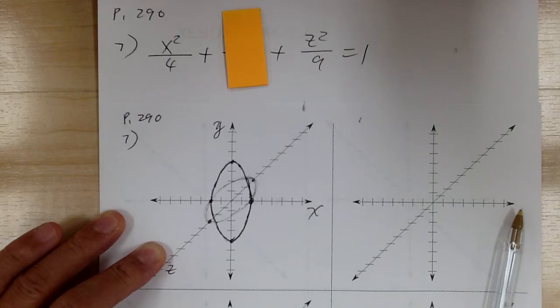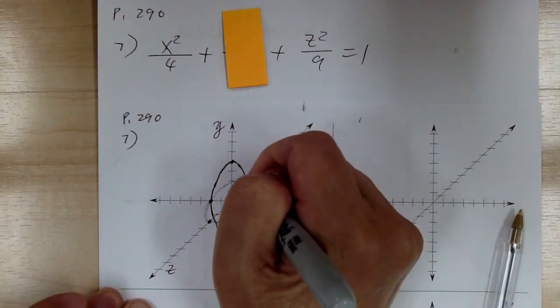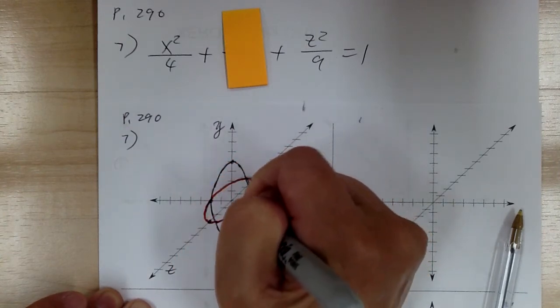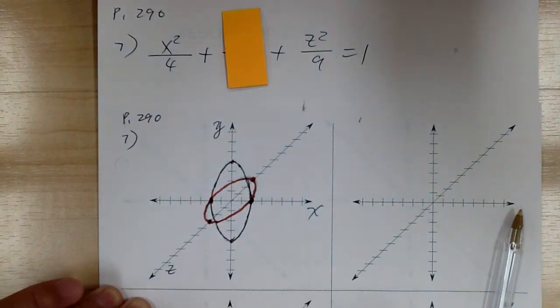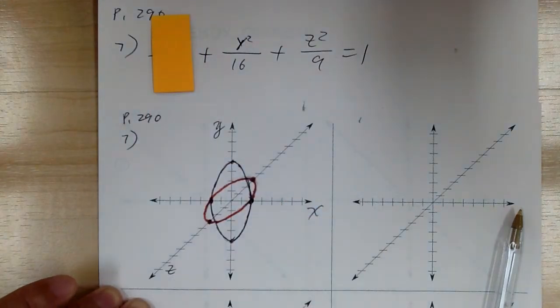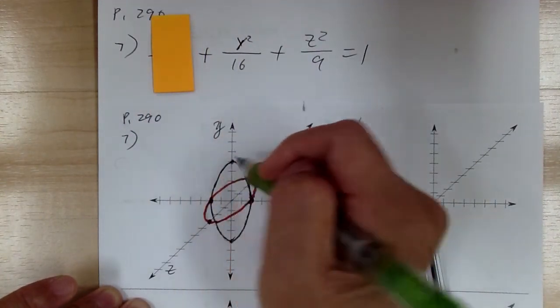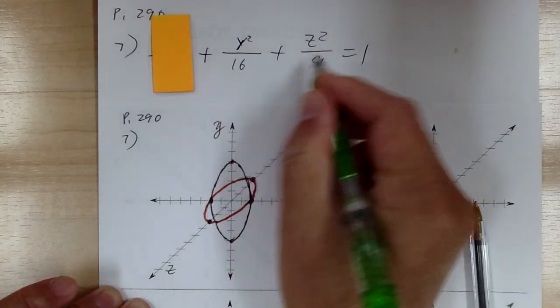For this one, I'm going to use purple. Make sure you get those critical points. Then after that, you make x equal to 0. In this case, you get 4 in the y direction, which you have, and 3 in the z direction. So you have to use the y and the z.